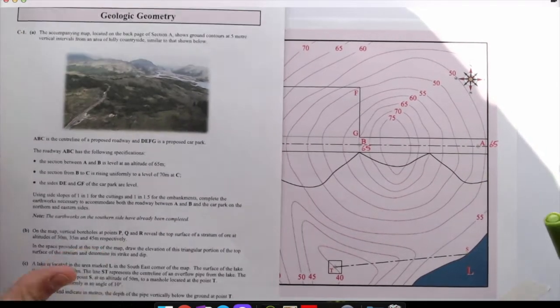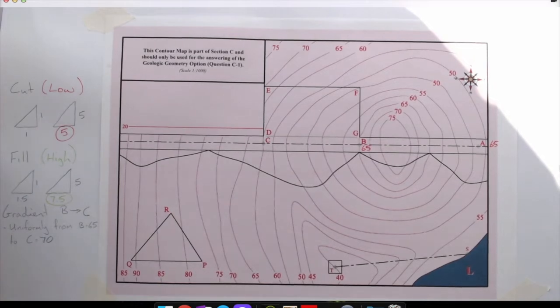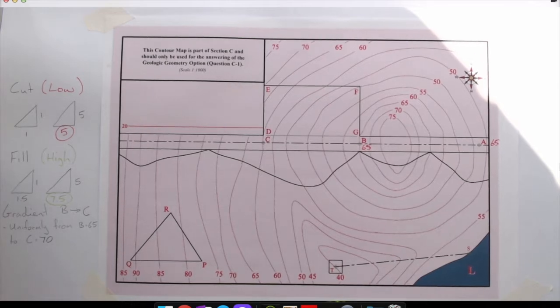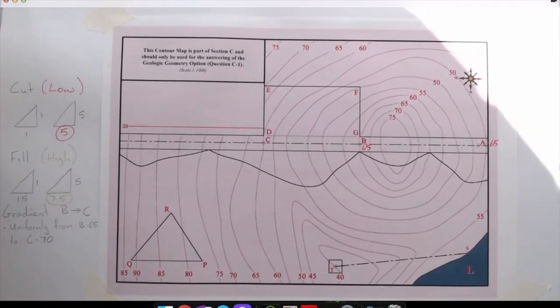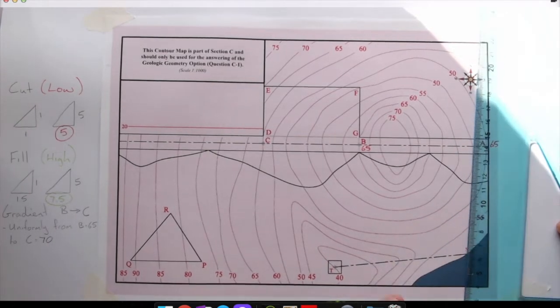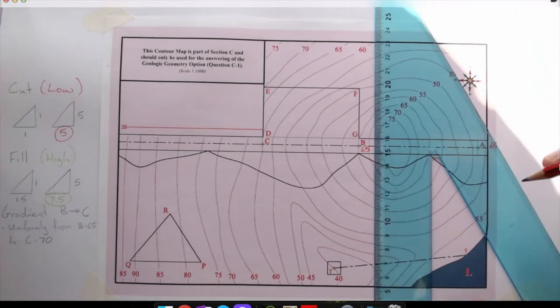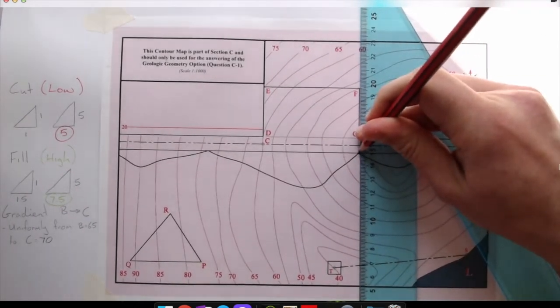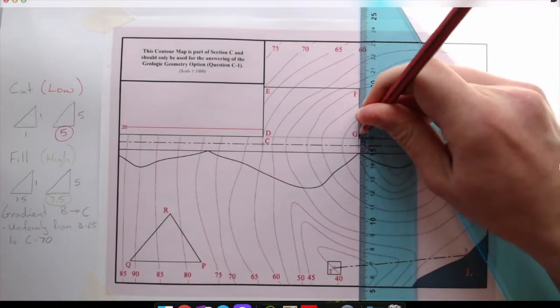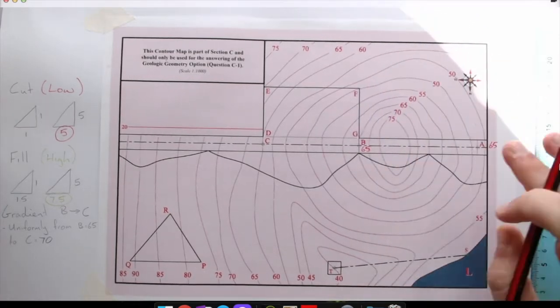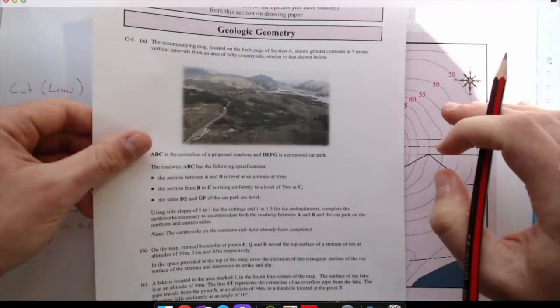Okay, and we'll just make sure that when we're doing it we put a line across. Make sure I put a line across my road here at A. So it's level at 65, and I have B, which you'll notice is level with the side of the car park. Okay, that's important.